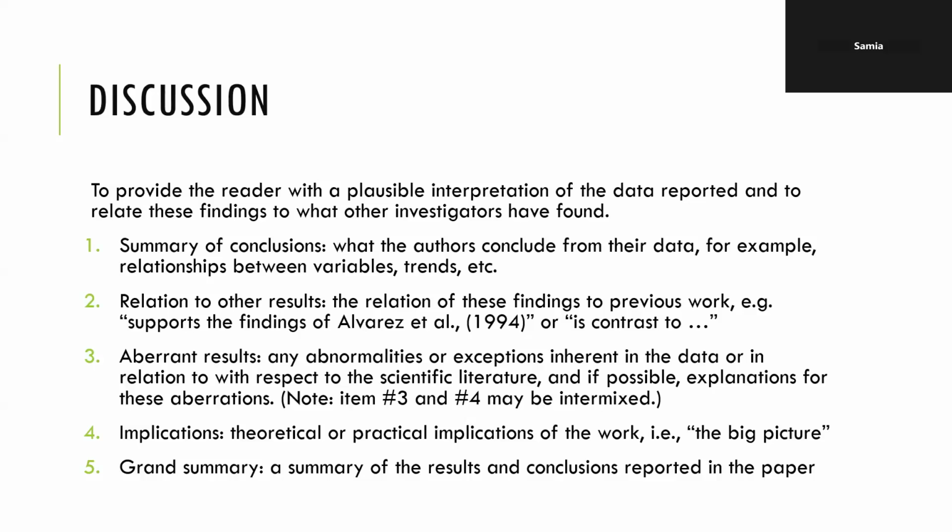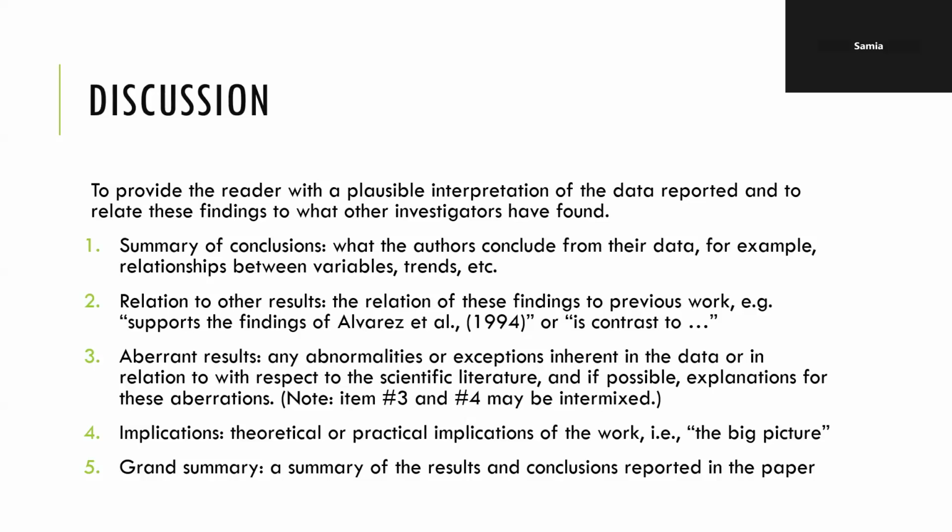The discussion section should also include some points like a summary of the conclusion, what the author concludes from the data. Most importantly, not all data should be described. The most important points should be highlighted, also in the tables, and discussed in your discussion section.